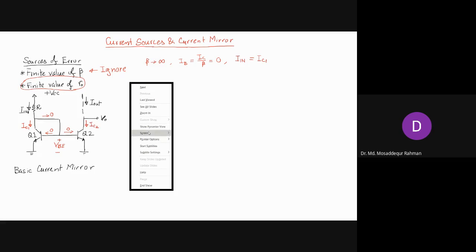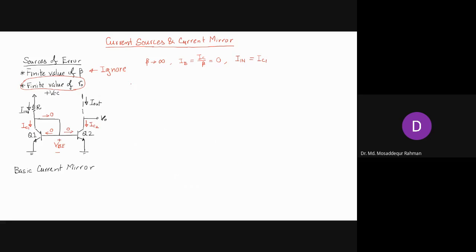Now we need to consider the effect of the output resistance R naught. To see how it affects the performance of the current mirror, we show it explicitly, though it is built inside the transistor. R naught is a resistance between emitter and collector.